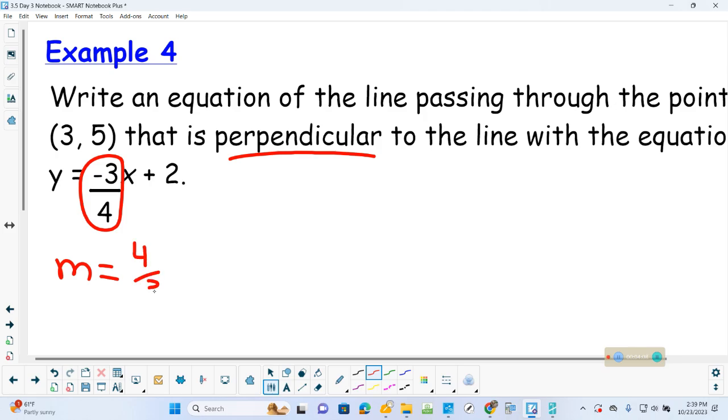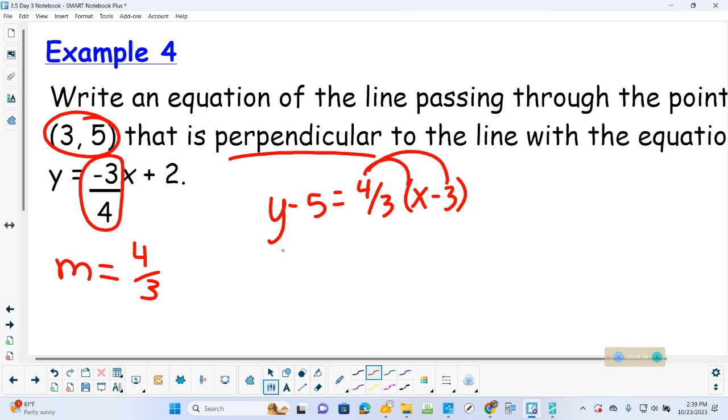Positive 4/3. Now, 3, 5 is not your y-intercept. So I do have to use the red formula on the board, our point slope. Y minus the y coordinate. Y minus 5, I meant to write, equals our slope, x minus the x. Oh, good. Some fraction work. Gotta love it on Monday. I don't think it will be too bad, though.